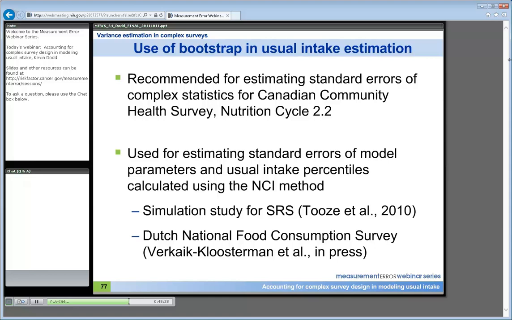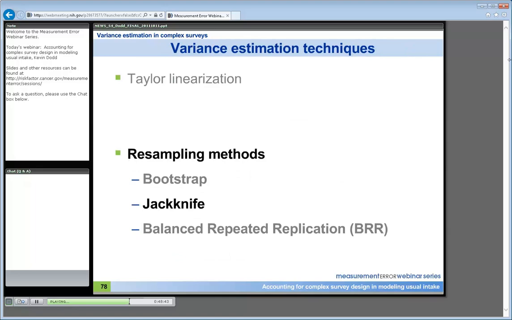And based on that result, I recommended using the Bootstrap in some more recent joint work with Janneke Verkaik-Kloosterman and her colleagues in the Netherlands, where we modeled usual intakes for young children based on data from the Dutch National Food Consumption Survey, and then we used the Bootstrap in that instance.